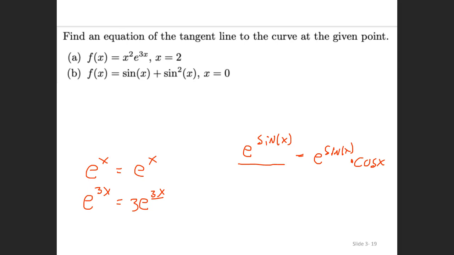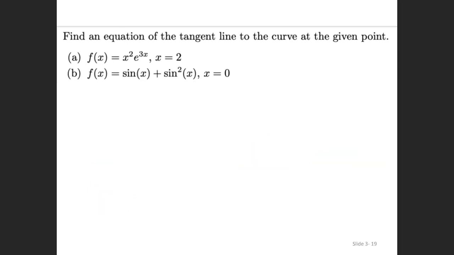Okay, so let's take a look at this problem. If I wanted to find the tangent line here, the first thing I do is write down point and slope, because that's all I need in order to write an equation of a tangent line. So for the point, I'm going to put 2 in here. So 2 squared times e to the 6th.